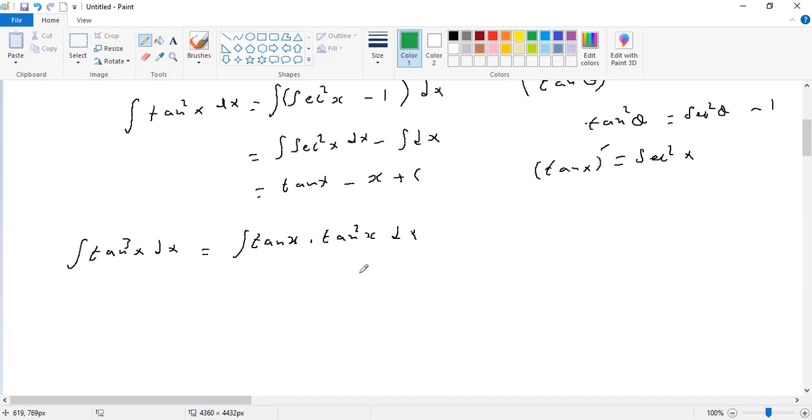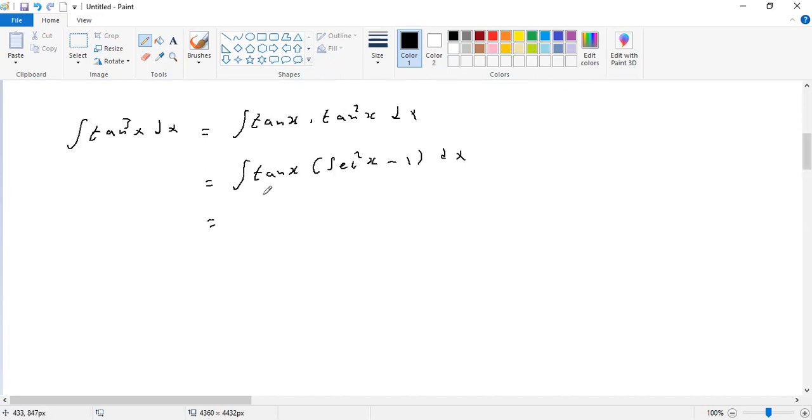Because tan squared equals secant squared minus 1. So this equals the integral of tan x times (secant squared minus 1) dx. Now we multiply and write the integral of each part.